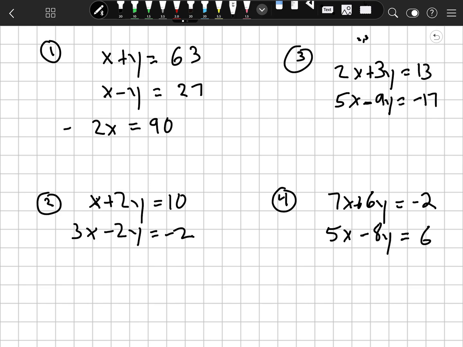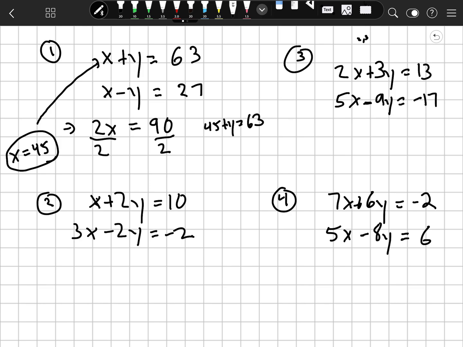2x equals 90. Now this is an equation. This is what I'm talking about. This is easy to solve. Just divide by 2. And we know x is 45. Okay. Now let's plug that 45 back in right here. So we've got 45 plus y equals 63.